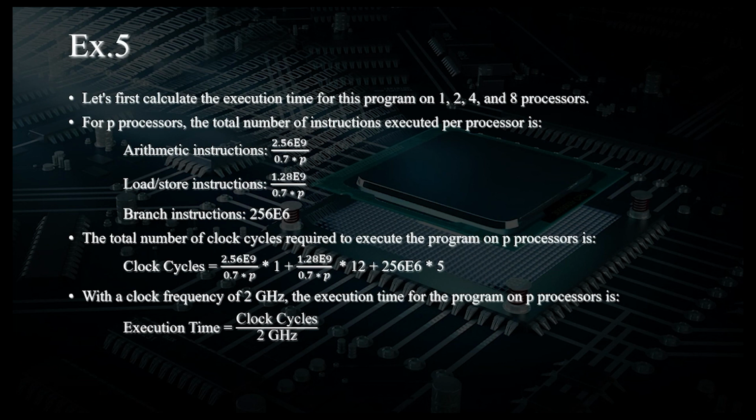With a clock frequency of 2 GHz, the execution time for the program on P processors is the clock cycles divided by 2 GHz.